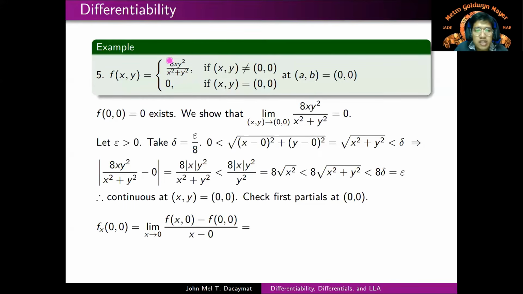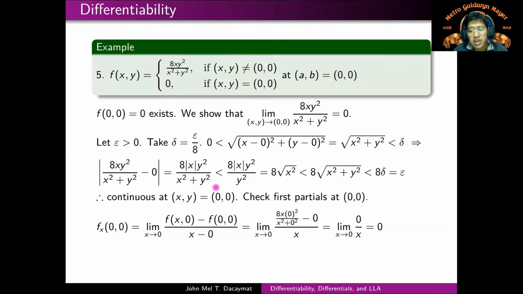Replacing all the y's here with 0, I get this one minus f of 0, 0, clearly defined to be 0, over x. This numerator is 0 over x squared, or just 0. So I get my limit to be 0. So f sub x exists.